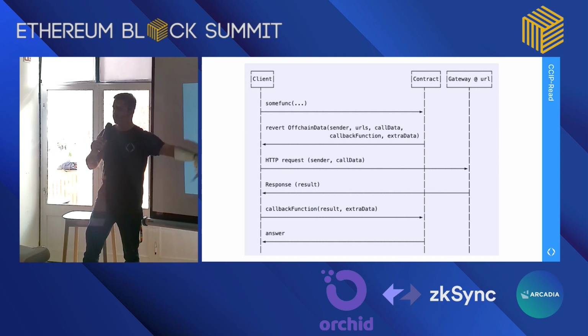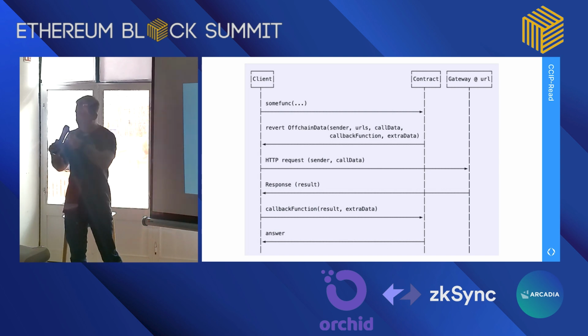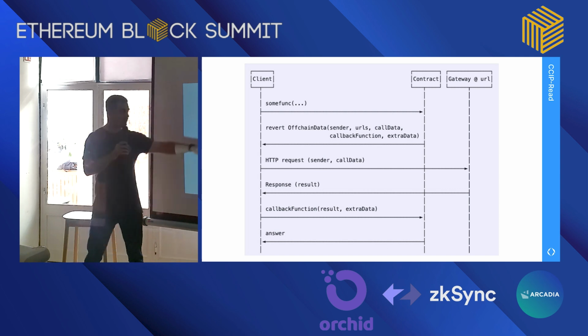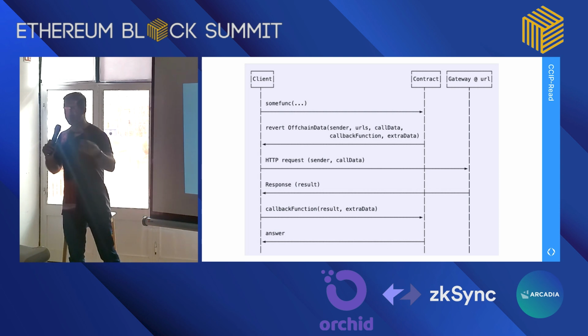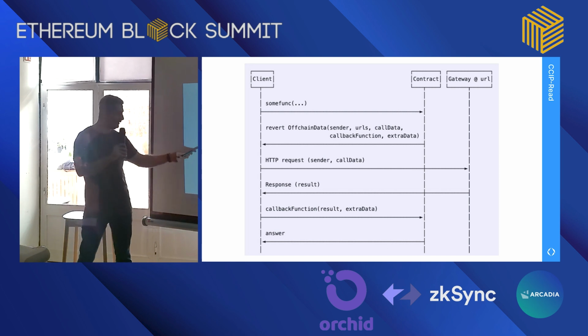Then it will tell you that this data is definitely correct. And the extra data is just for the callback function. There is some extra data based on the use case. You can pass any data, something arbitrary, again based on your use case.